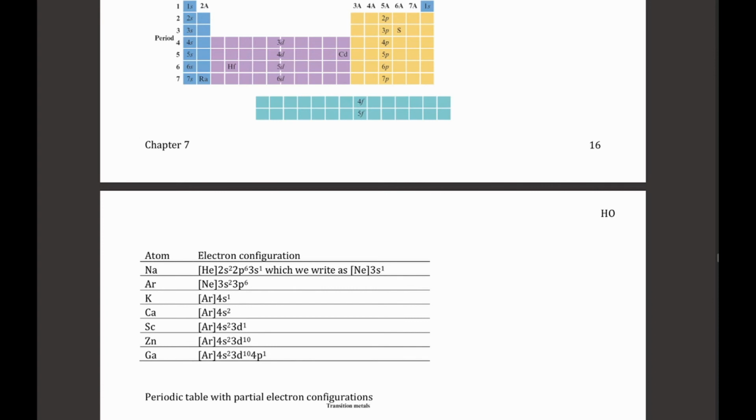Going to zinc, that has 10 d electrons as we count over. And we have its electron configuration being argon, 4s2, and then 3d10.